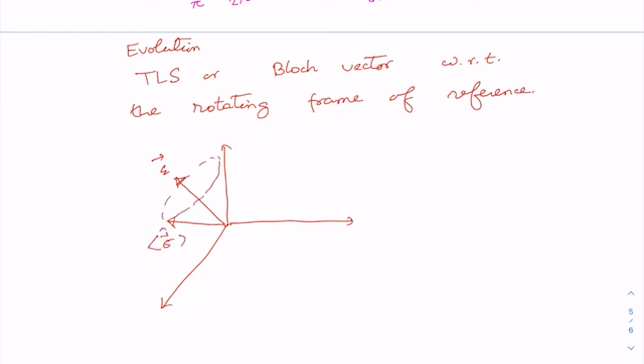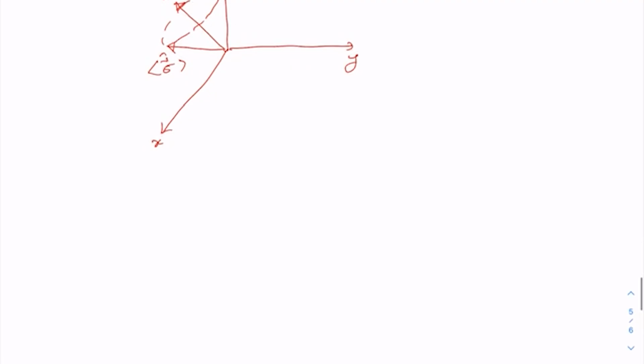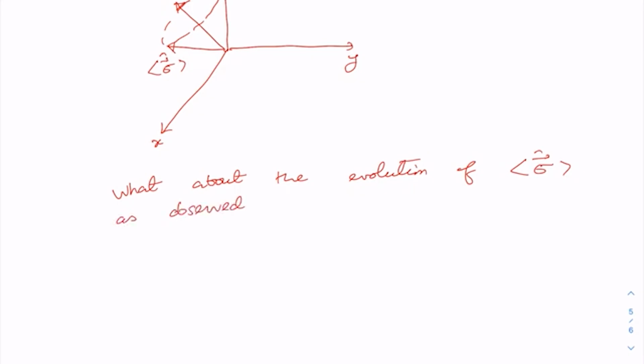This is what we have already seen and discussed. Now the next question one can ask is, what about the evolution of the Bloch vector as observed from the lab frame?